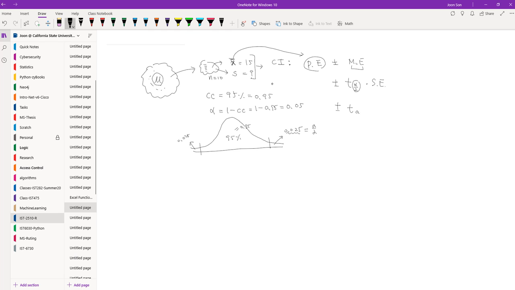Since we don't know the population standard deviation, the standard error is the sample standard deviation divided by root n.